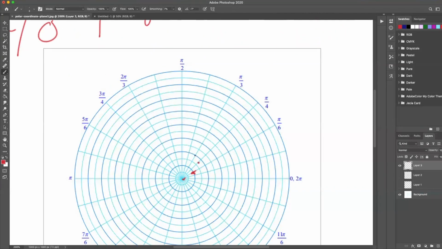At pi over 2, it's 2. Here would be square root of 3. So square root of 2 is here and square root of 3 is here. And then it just comes back the same way.